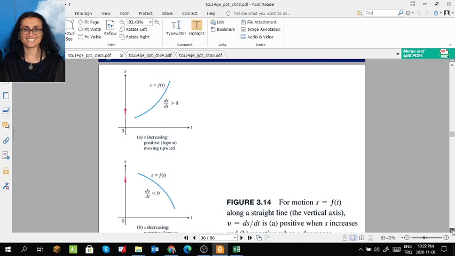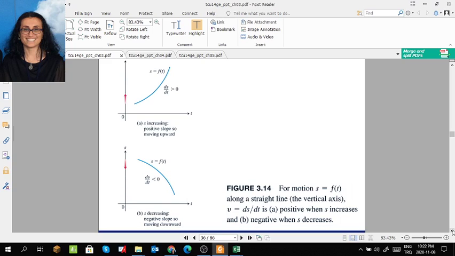Next, again, this is telling about the motion, and the position function is s is equal to f of t. The motion is along a straight line s, and the position is the vertical axis, as you would see, and time is the horizontal axis.